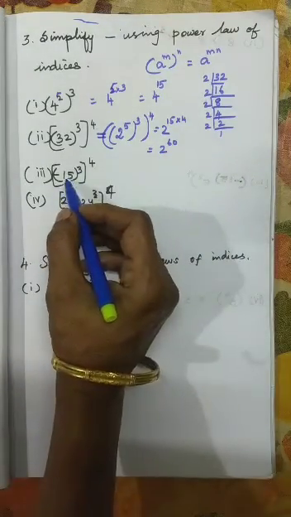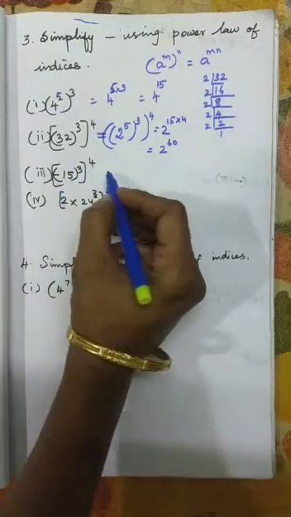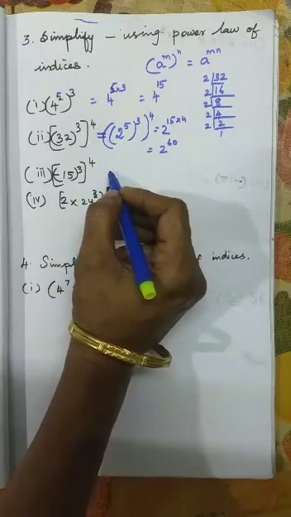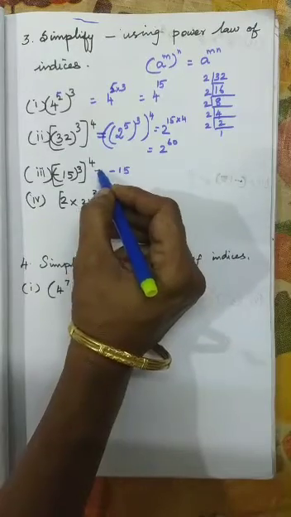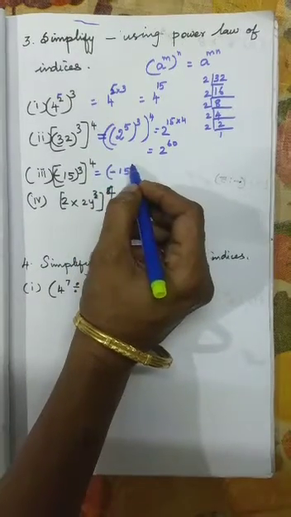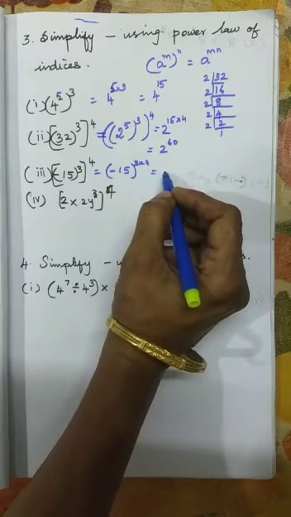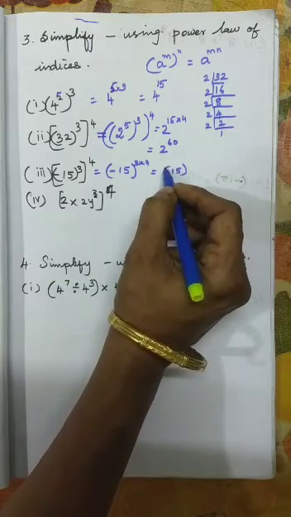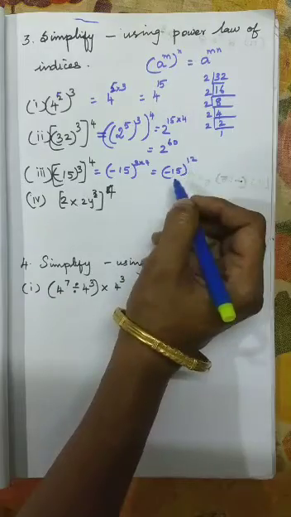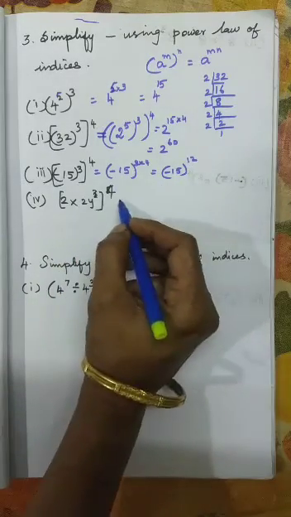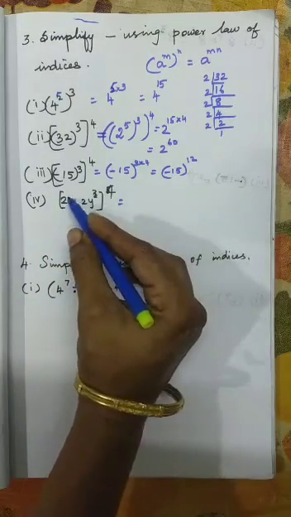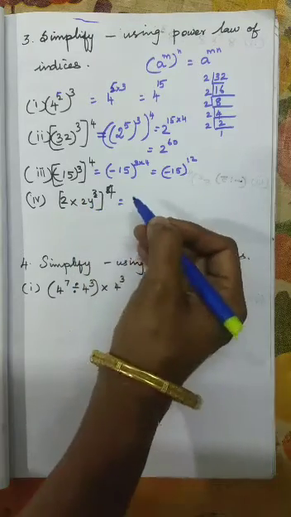Now we shall write the 15 cube, the whole power. So minus 15 the whole power 4, 3 into 4 is equal to minus 15 the whole power 12. Then the next sum, 2 power 1, here also 2 power 1.